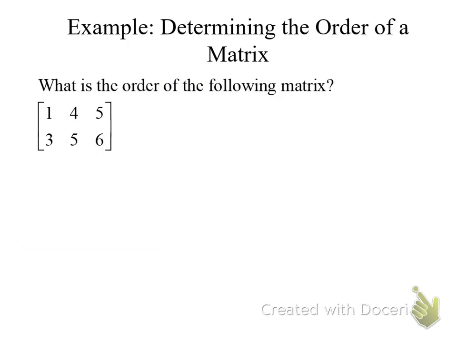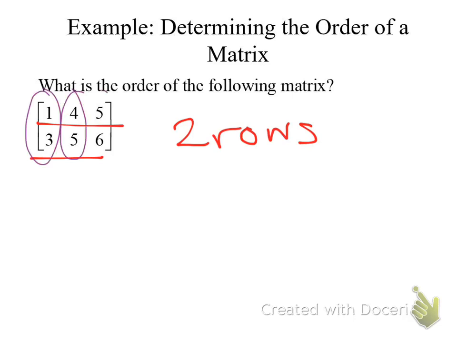With this particular one, let's talk about just the order, because that's what it's asking me to do. Let me change away from the highlighter. I have 2 separate rows, so I have 2 rows, but then I have my 3 columns.